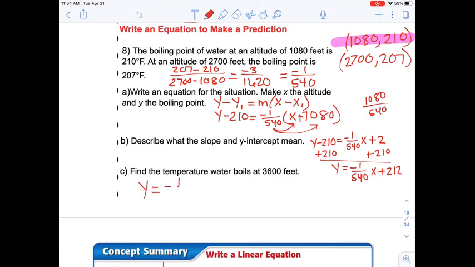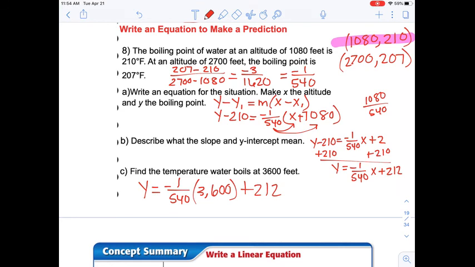So all we have to do for this is plug that number in for x. So we have negative 1 over 540 times 3,600 plus 212. I'm going to plug this into my calculator. So I'm going to do negative 1 divided by 540, and then hit enter. That's my slope. And then I'm going to do times 3,600, hit enter.